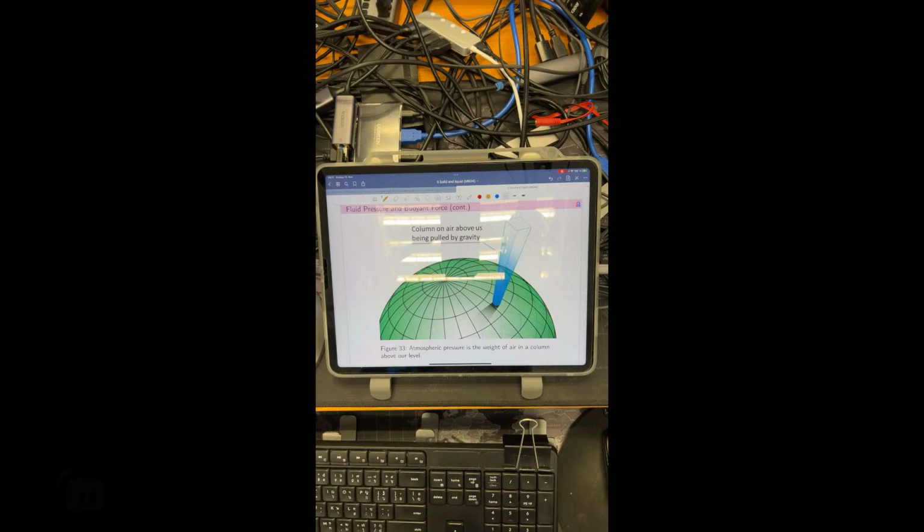That's the reason. And if we stay on Earth, in this area, and consider only a cube, let's say a square area here, and we build up a height like this, a column of air above us is being pulled by gravity.